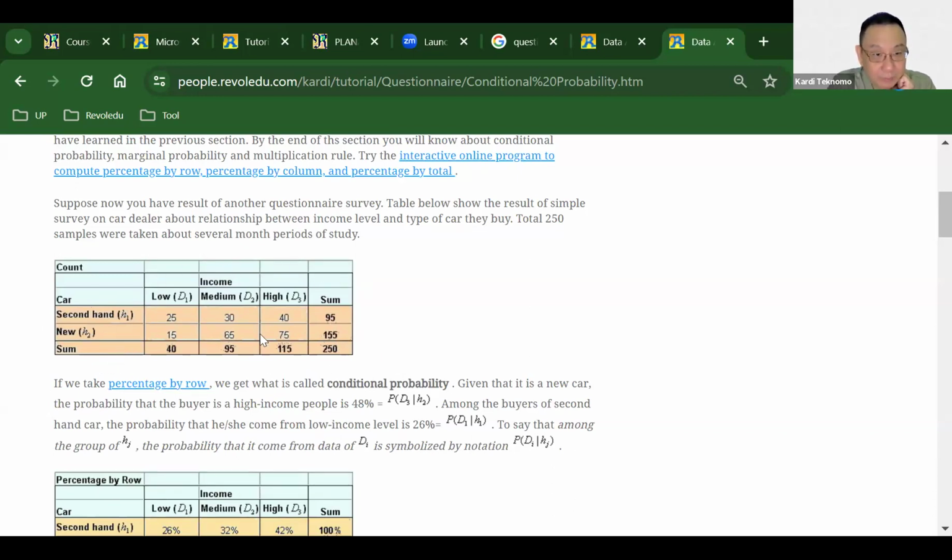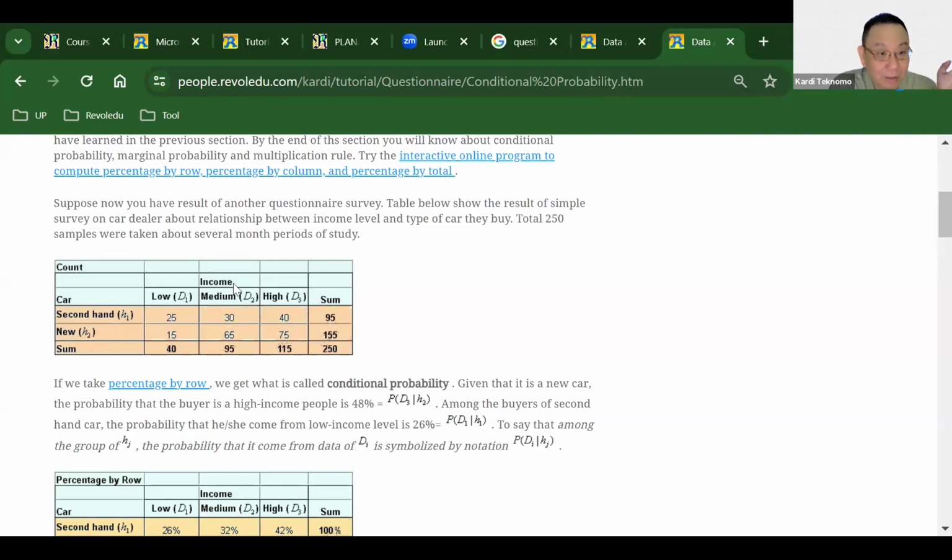a cross tabulation. After you analyze using a pivot table in Excel, for example, you can cross tabulate something like this. This is the income on the columns, and whether the respondent will buy a new car or a second-hand car. This 25 is the number of respondents from low income who will buy a second-hand car.